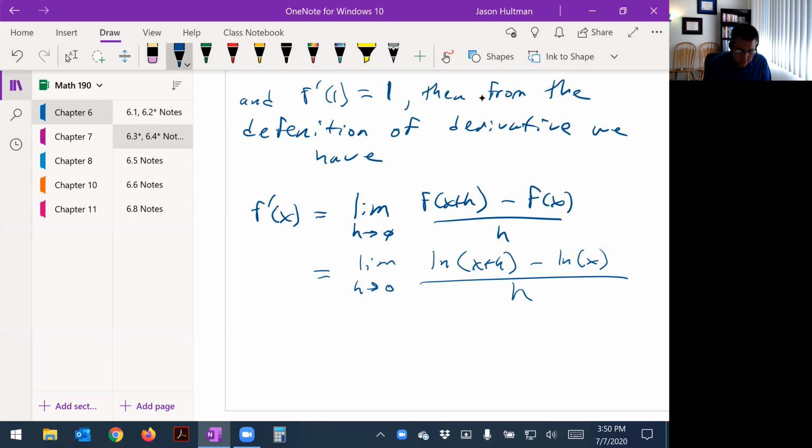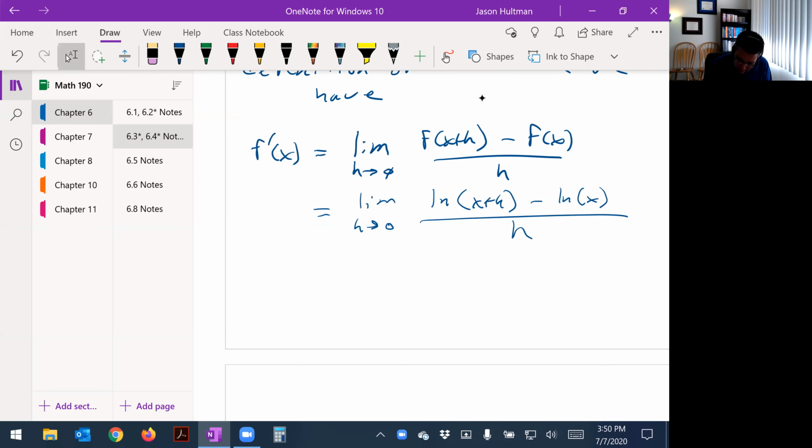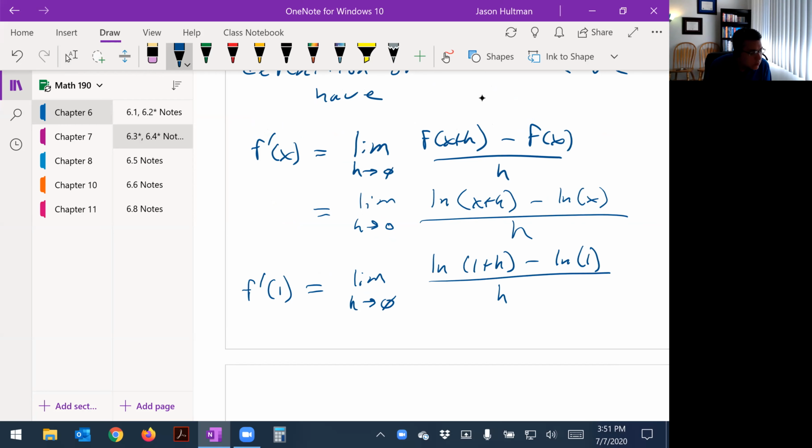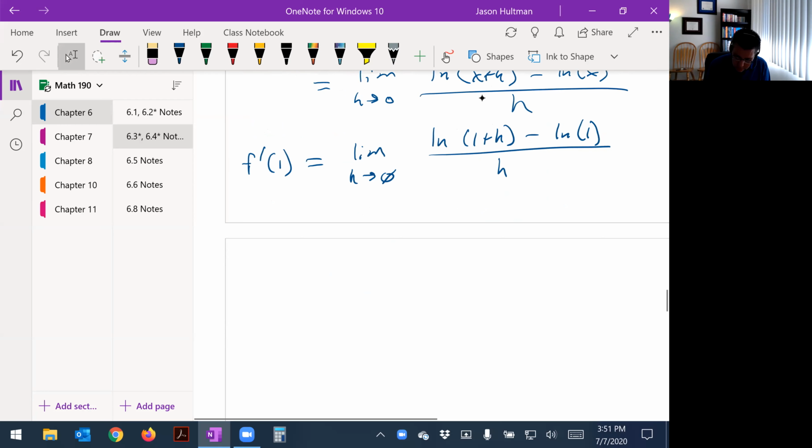Let's look at f prime of 1. f prime of 1 is the limit as h goes to 0 of, we're going to replace x with 1, the natural log of 1 plus h minus the natural log of 1 all over h. Pretty cool.